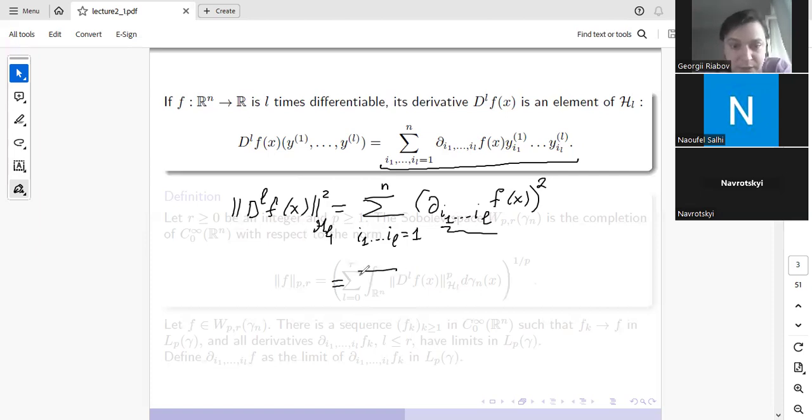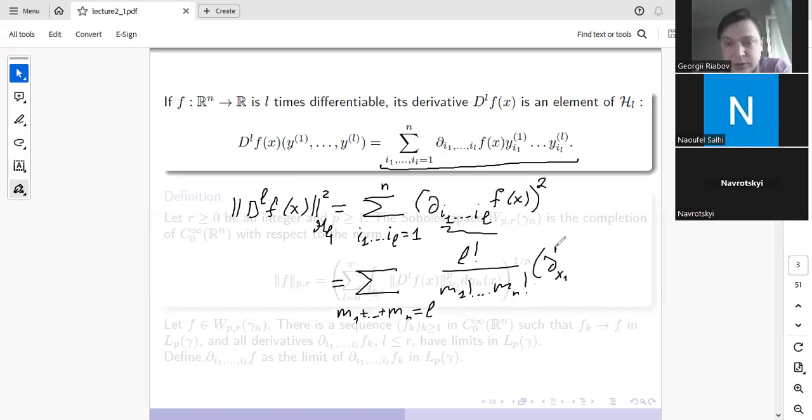We can write this sum as follows: the sum over m1 plus ... plus mn equal to L of L factorial over m1 factorial ... mn factorial, and here the partial derivative with respect to x1 m1 times, ..., partial derivative with respect to xn mn times, of f of x, squared.